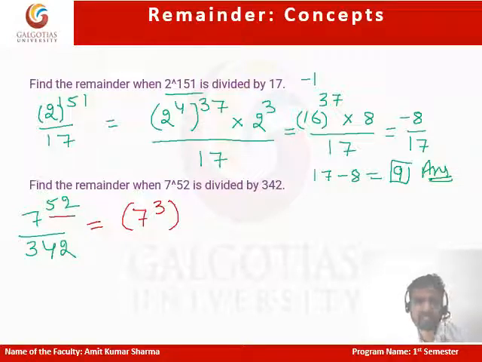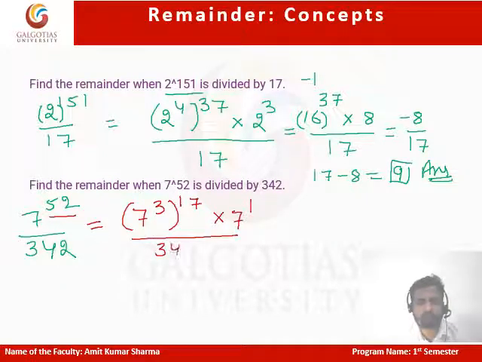Divide the numerator. 3 ones are 3. It's what? 22. 3 sevens are 21. 1 is left. So write 7 to the power 1 divided by 342 same. So it becomes 343 raised to the power 17 multiplied by 7 divided by 342.